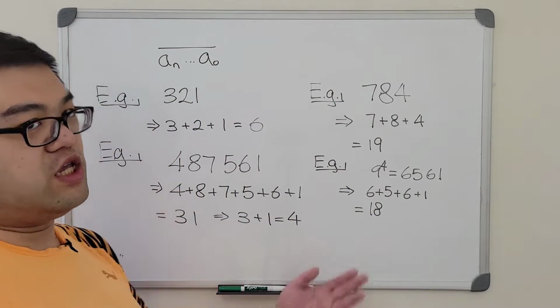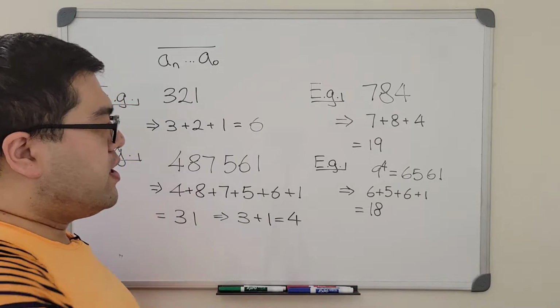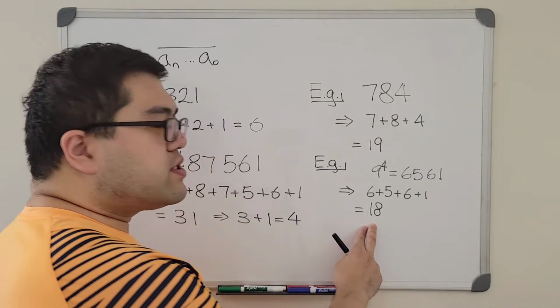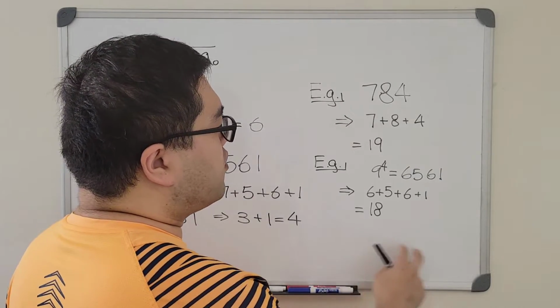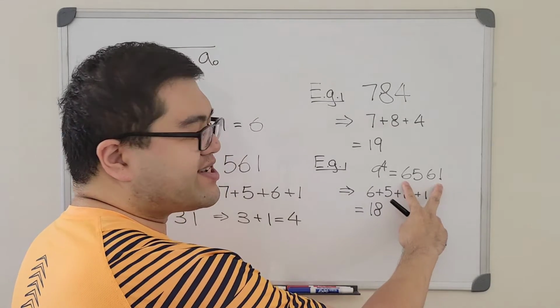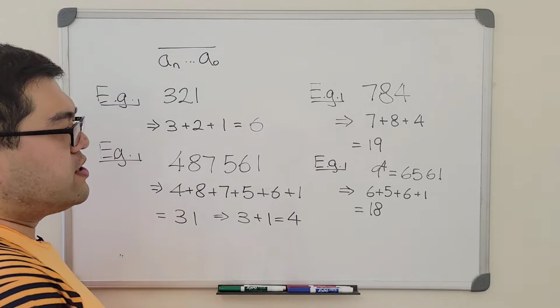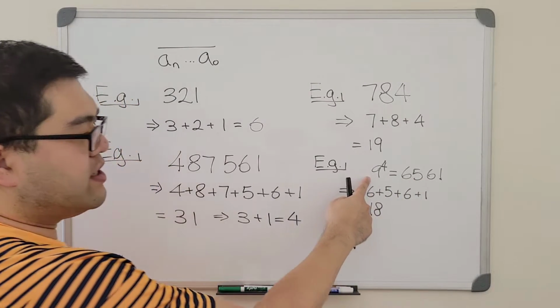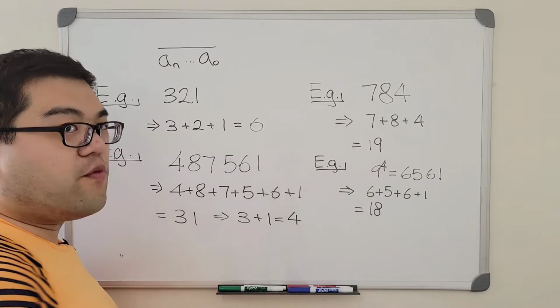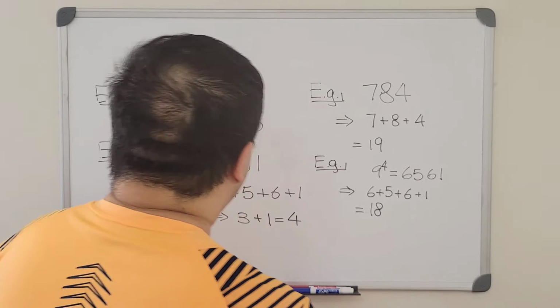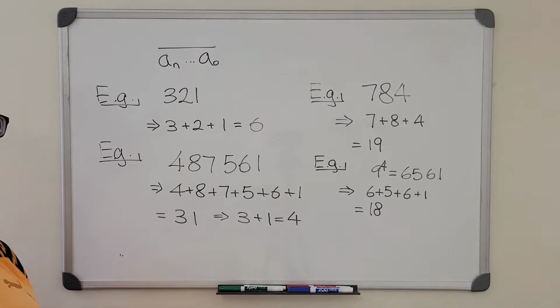And of course, 18 is a multiple of 9. So with that trick, we confirm that 6,561 is also a multiple of 9. We can of course check that it is true because this is 9 to the 4th power. So this is how the trick works.